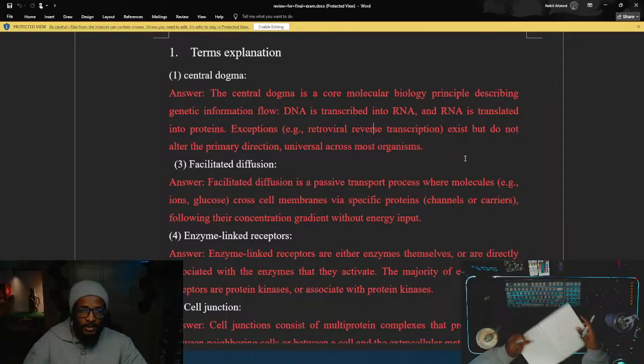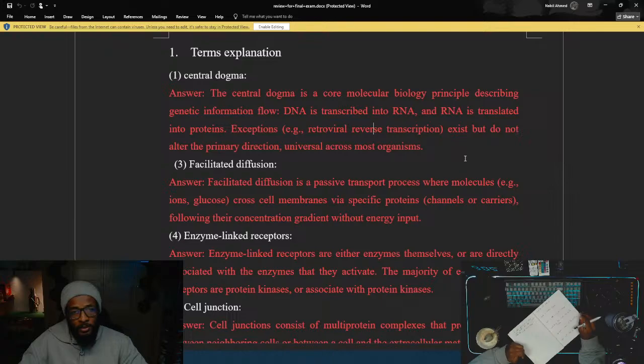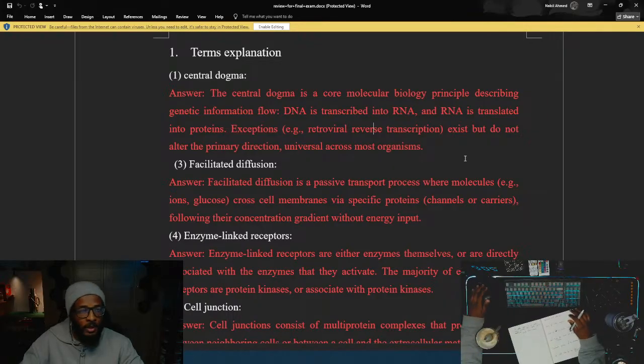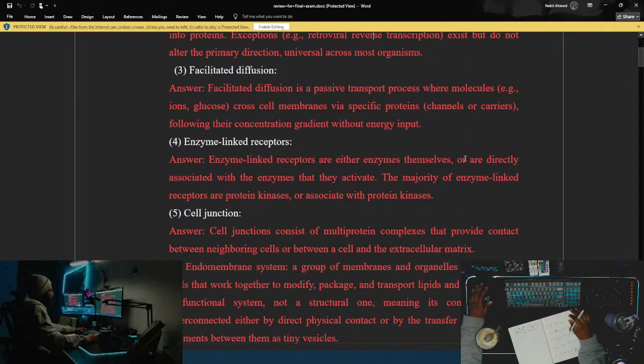Facilitated diffusion is passive transport where molecules move with the help of carriers. No issues with that. Enzyme-linked receptors.